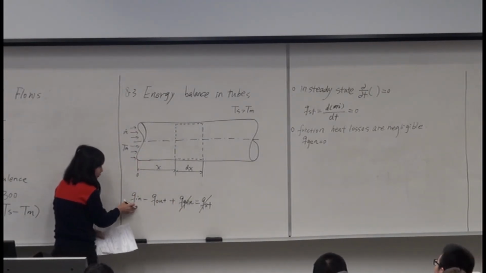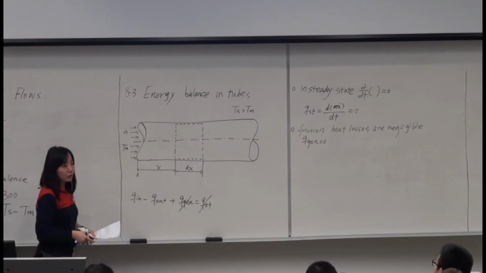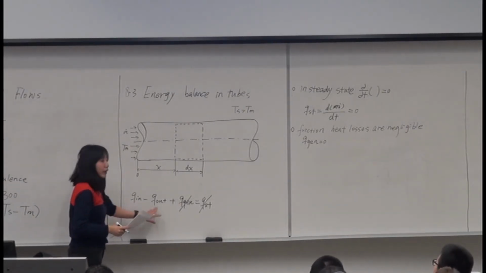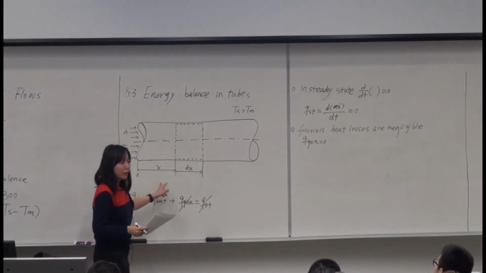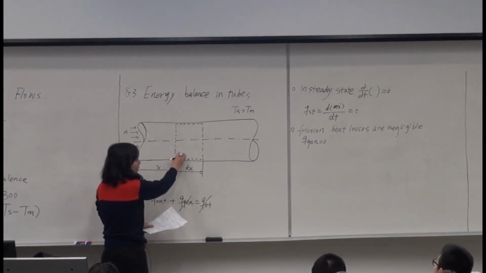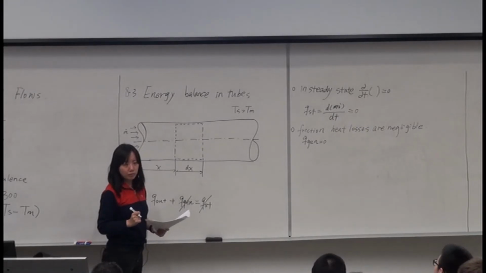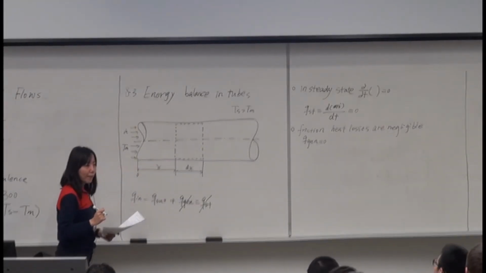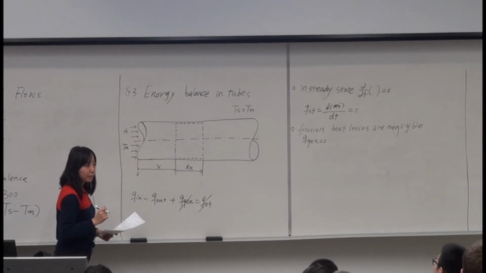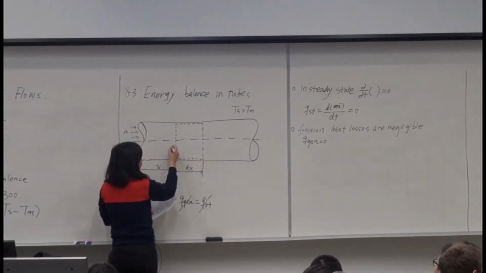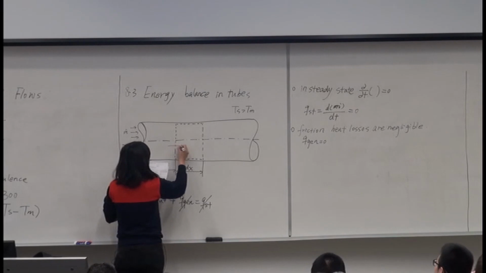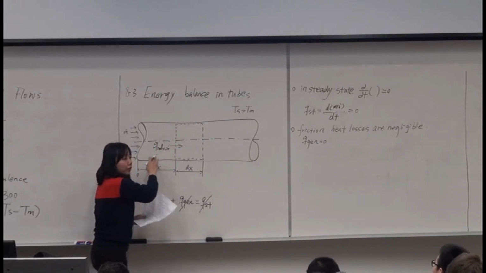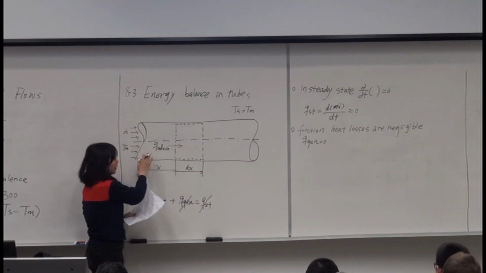Then we need to identify what the heat transfer mechanisms are associated with our Q in and Q out. For a running tube, inside this differential control volume, where is Q in? Fluid moves inside, right? By advection. We denote it as Q advection.